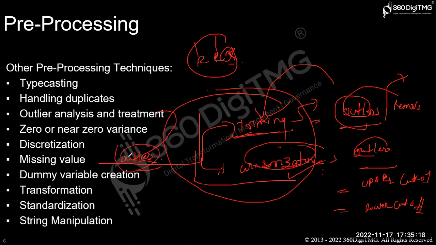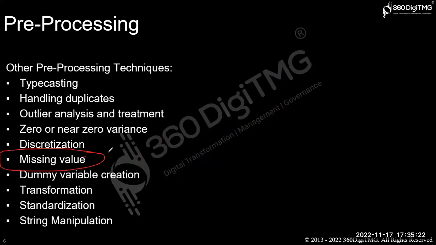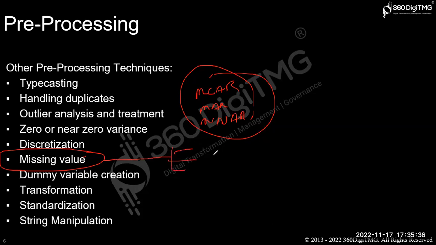That is for outliers. And then we'll be having missing values. Various missing values, like we have seen: missing completely at random, missing at random, and missing not at random. When you have these, we have various techniques in order to impute those missing values.